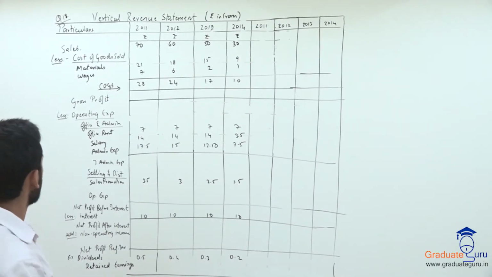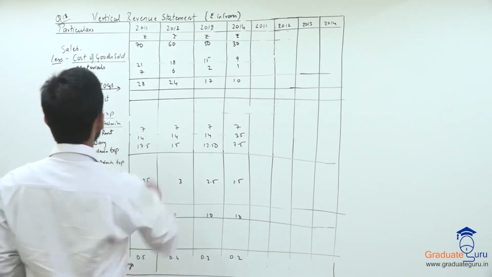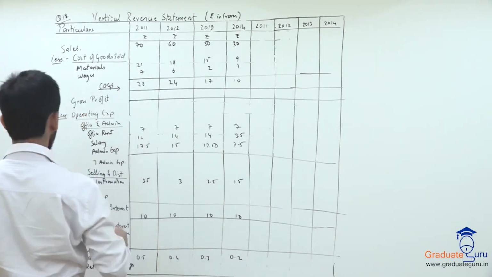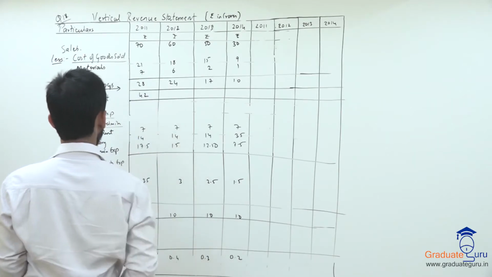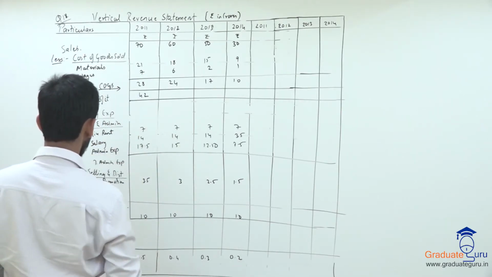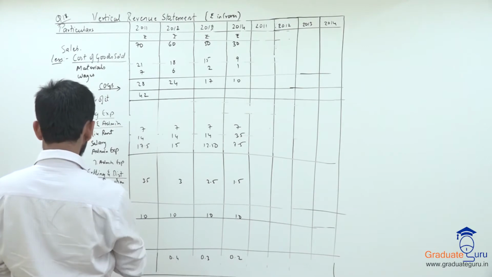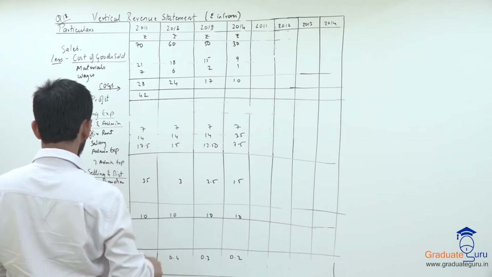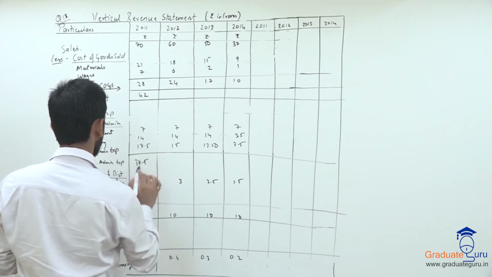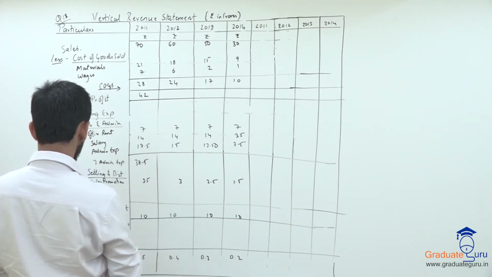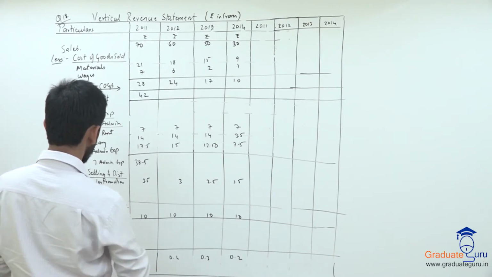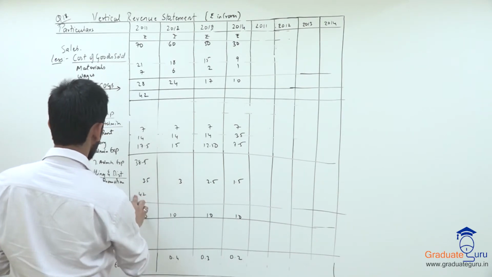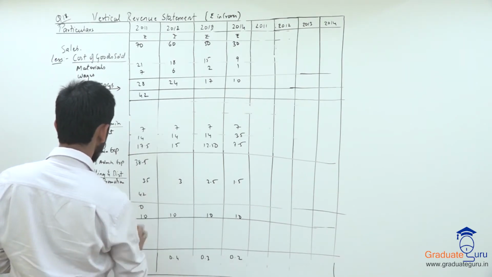Now calculation part. 70 minus 28 will give you 42. Now add up these expenses. 17.5 plus 14 plus 7 will give you 38.5, minus 3 plus 3.5 will give you 42. 42 minus 42 is 0.